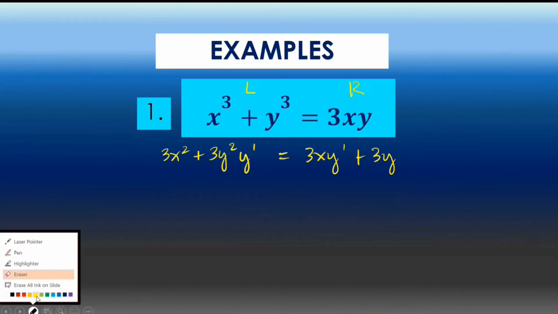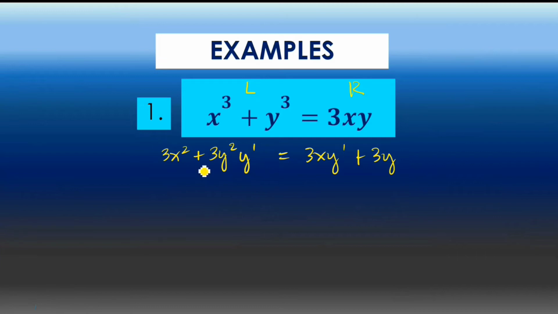So we need to isolate. Okay, when we say isolate terms with y prime, since you can see here we do have addition, what can be applied here is transposing, or moving a term to the other side. If it is positive, then it will become negative, vice versa.